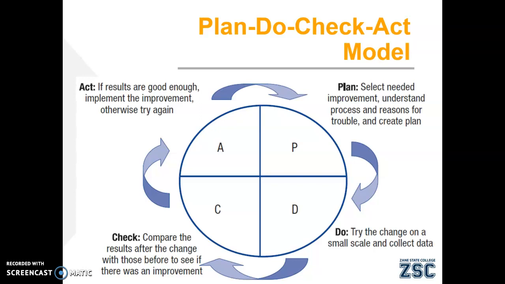That's where the check comes in. You're comparing your results before and after to see what type of impact you had, positive or negative. And if your results are good, then you might want to implement that plan on a wider scale. If it didn't work, well, back to the drawing board, as they say, and perhaps come up with a different plan in order to improve your quality.